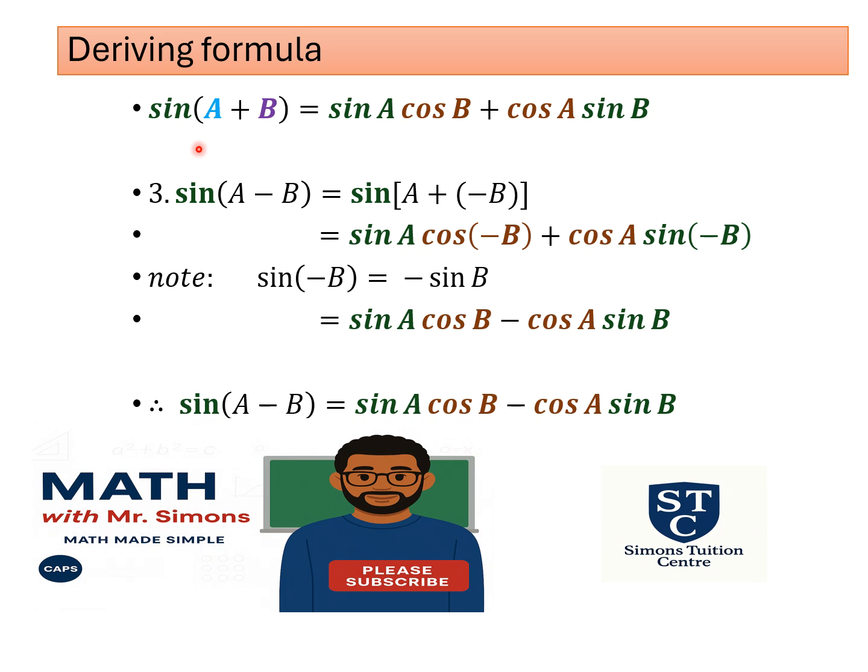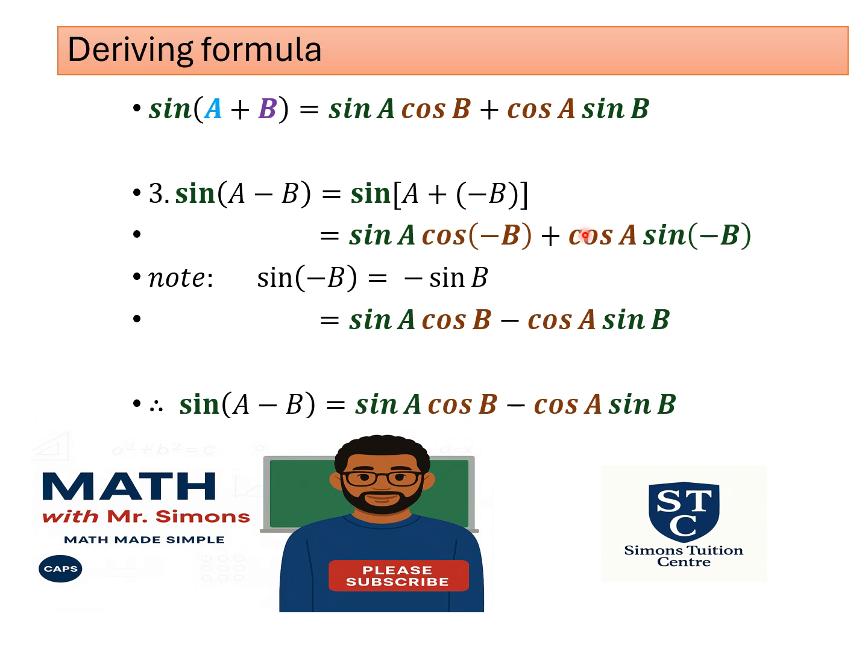Right, so sin(A plus B) equals sin A cos B plus cos A sin B. To derive the formula for sin(A minus B), you can write this as sin(A plus negative B). Using the above, that would become sin A cos negative B plus cos A sin negative B. Negative angle in the fourth quadrant, so cos negative B would simply stay cos B, but sin negative B becomes negative sin B in the fourth quadrant.